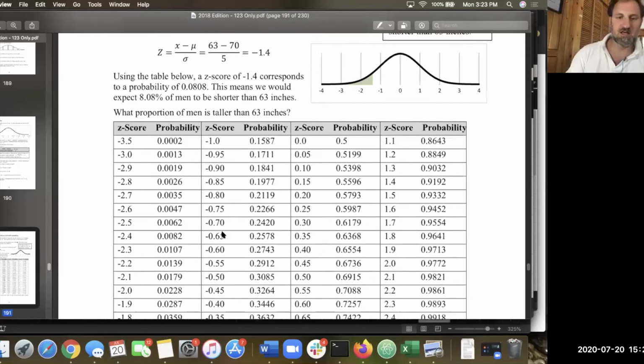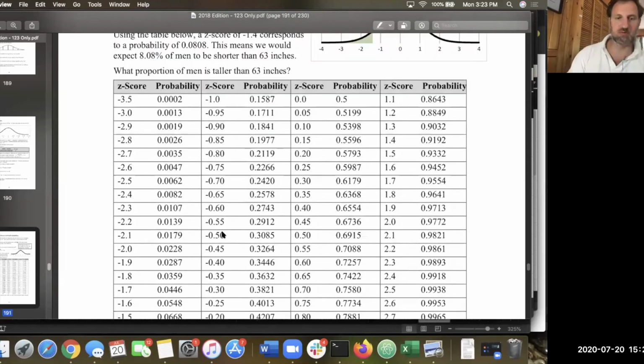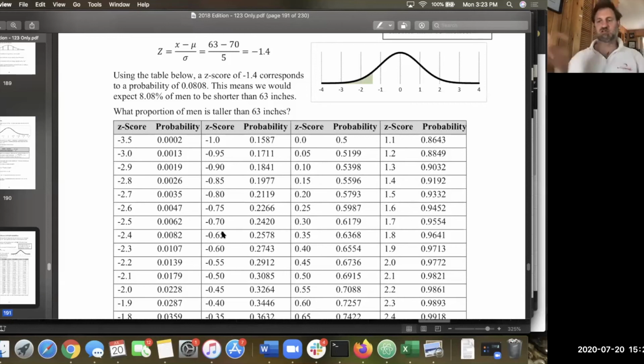This looks like a complicated table with a lot of numbers, but basically there are 4 columns. They would have put it all in one big column, but it would have taken up 4 sheets of paper, so they just put the columns next to each other. On the left side, you have the z-score. On the right side, you have the probability. That's what I mean by convert. You need to find that z-score and take it to its probability number.